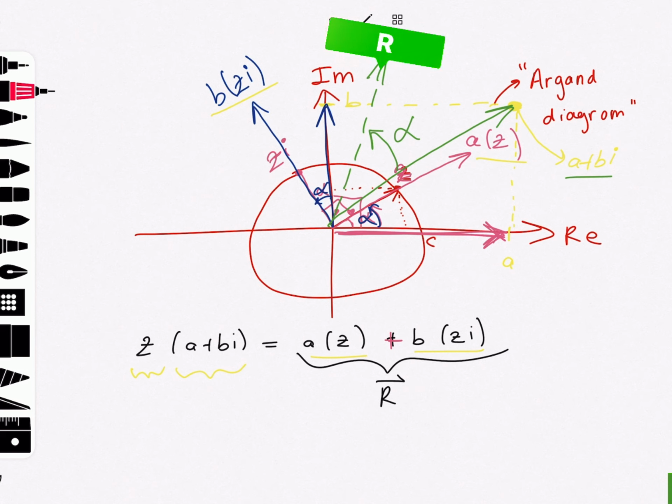The resultant vector is also the alpha degrees rotated version of the previous sum. So by multiplying a plus bi by z, we ended up adding the angle under a plus bi and this angle alpha under z.